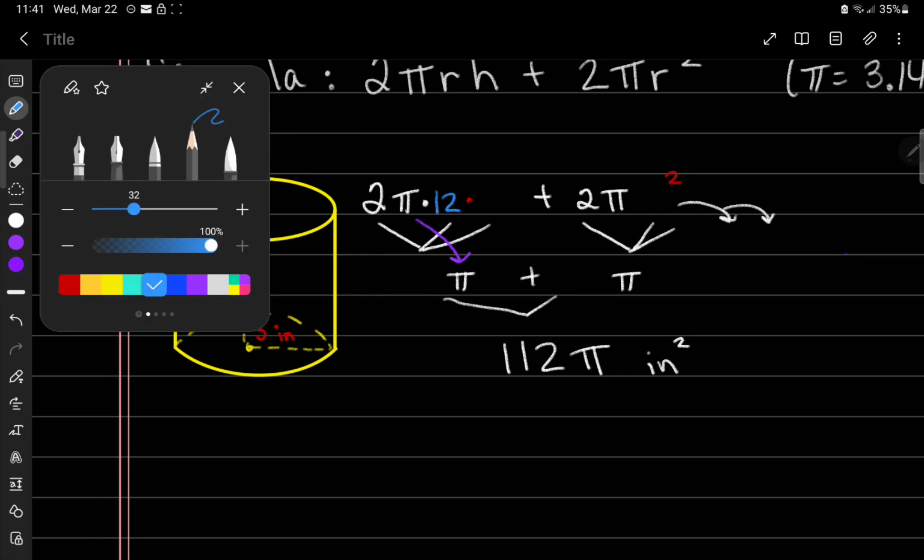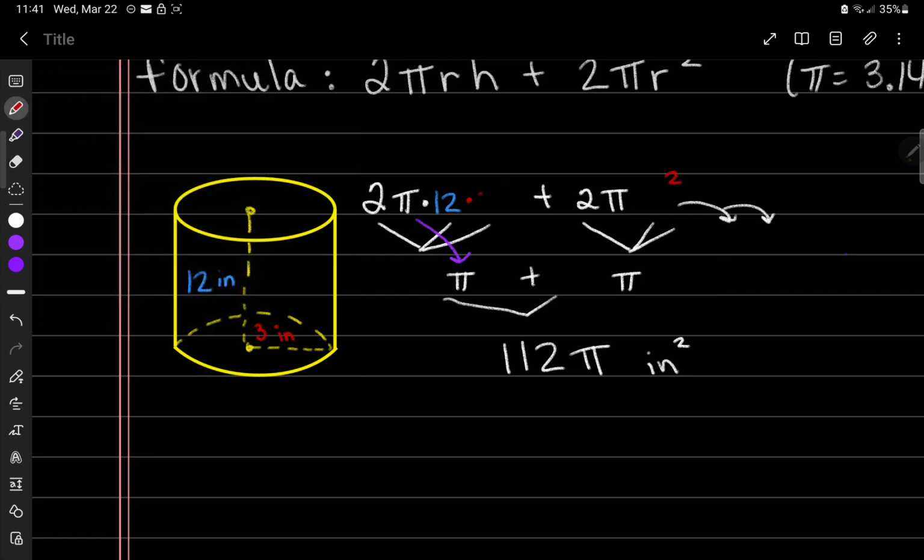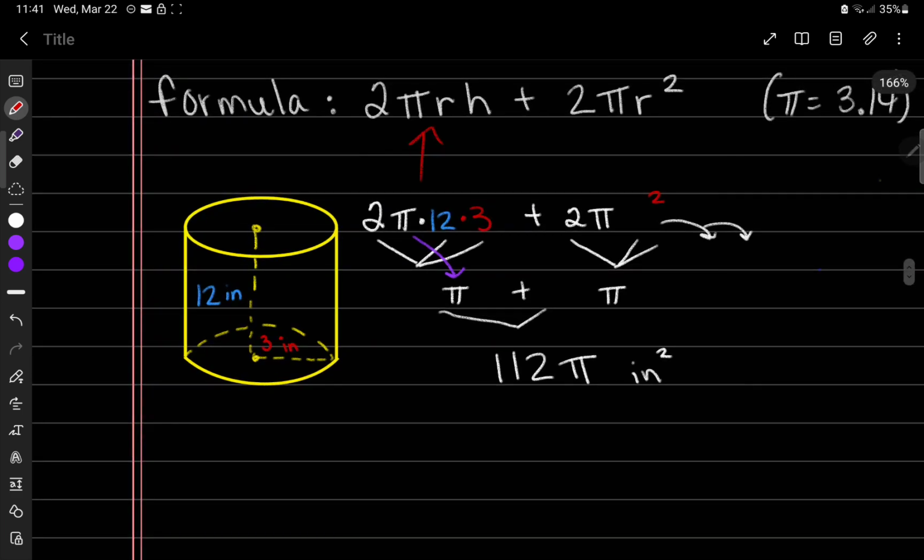The radius is 3 for this one. Remember that for the first half, I'm copying this half: 2 pi r h. And then for this half, 2 pi and then 3 squared, which is r squared.